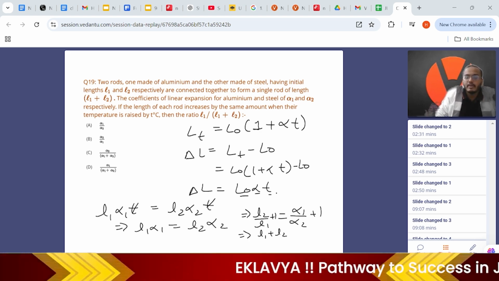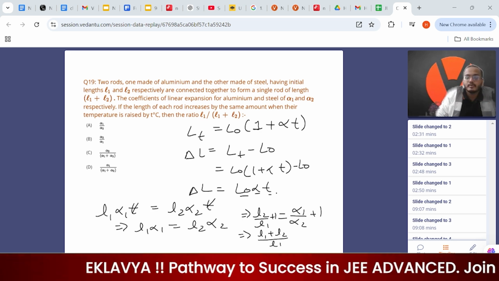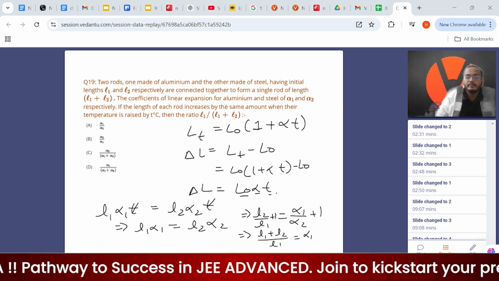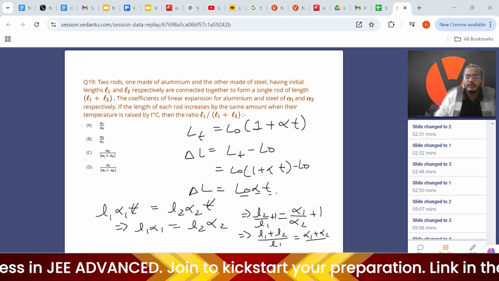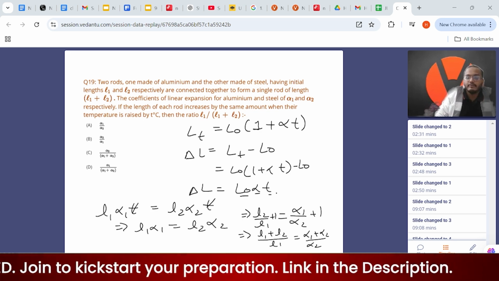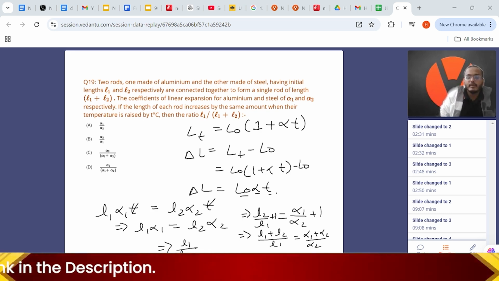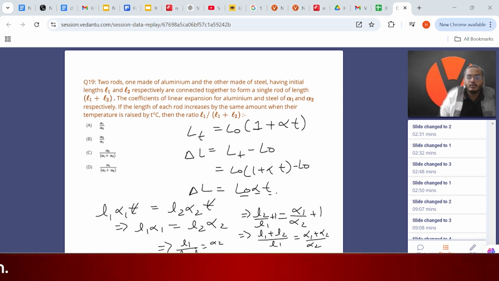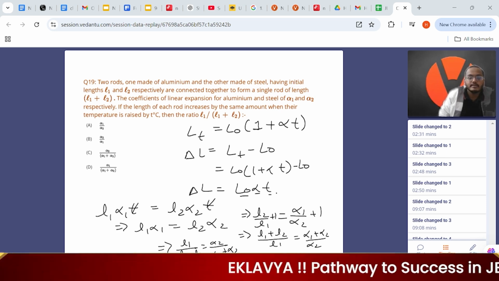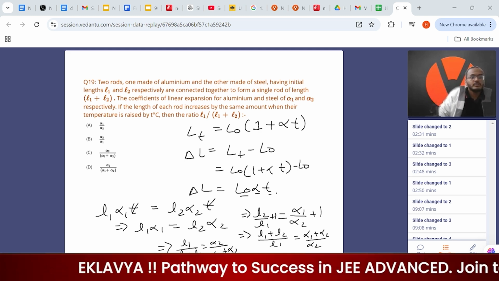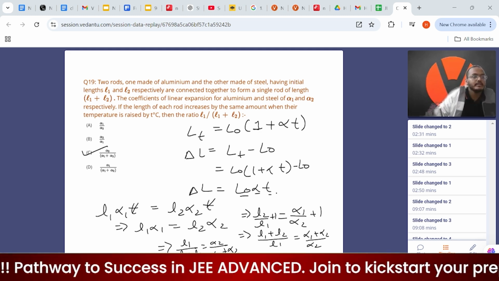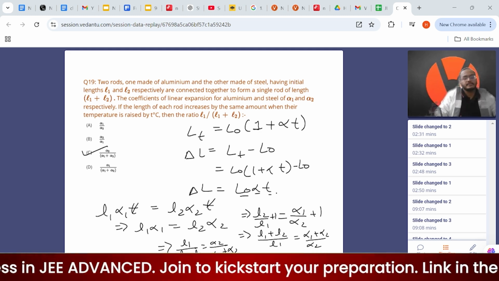So it will become L1 plus L2 divided by L1, equal to alpha 1 plus alpha 2 divided by alpha 2, and then I will just take the reciprocal. So L1 by L1 plus L2 will be equal to alpha 2 upon alpha 1 plus alpha 2. So my option number C will be the correct answer.